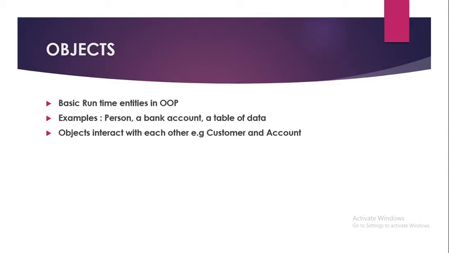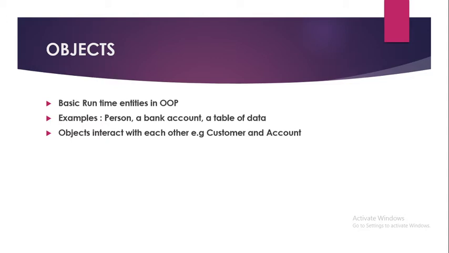For the bank itself, there is the bank address, branch name, and so on. So every object will have some group of data and the behavior, that means the functionality related to that object.